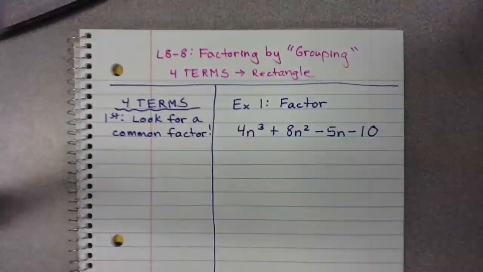Okay, are you always going to have a common factor? No. No, but you're going to look for it. And if you do, you're going to do exactly what you did in Chapter 8, Part 1, where you pull that greatest common factor out, everything that's left goes into the parentheses. Do you have a question? Okay.